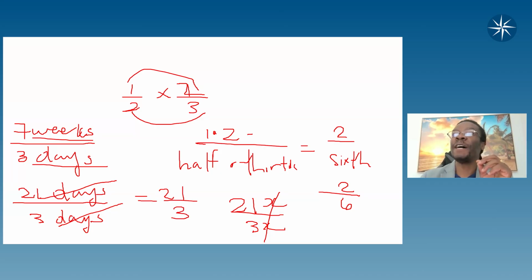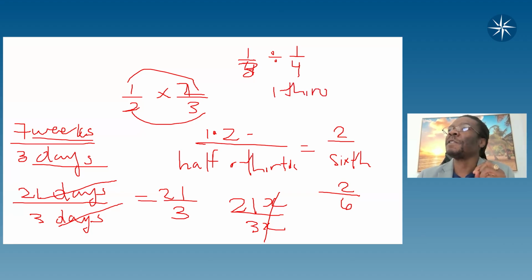Same concept with dividing fractions. We had 1/3 divided by 1/4. If we write it this way, we will have 1/3 over 1/4, and then we can't divide like that because they are not the same unit.